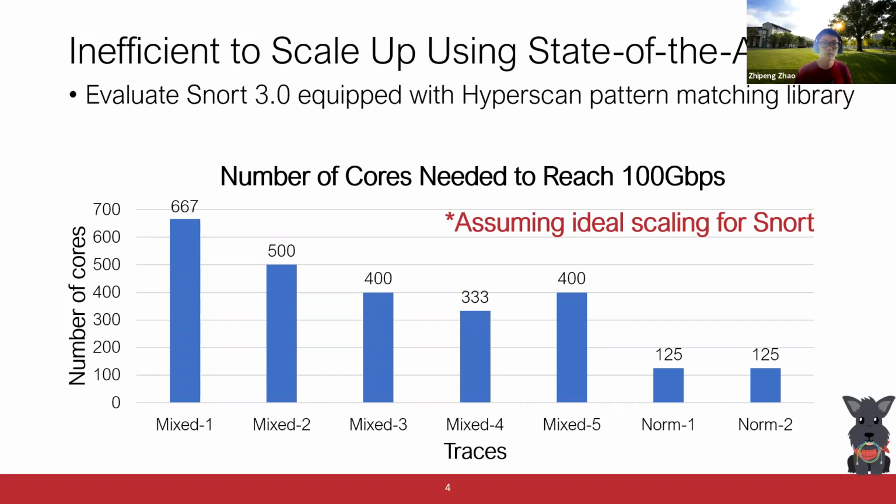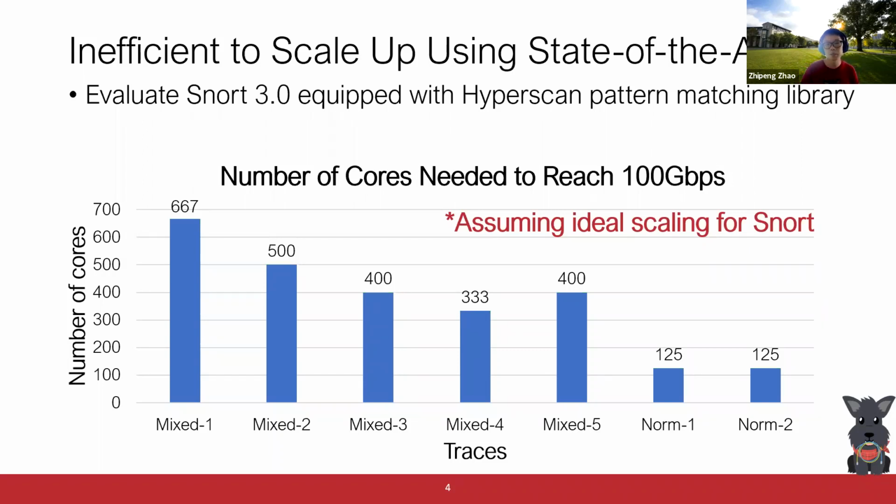To give you a concrete example, we evaluate Snort 3, which is the state-of-the-art open source software intrusion detection system, equipped with the latest Intel HyperScan high-performance pattern matching library. In this graph, I'm showing you the number of cores needed to reach 100 gigabit per second. On the x-axis, I'm showing you the different empirical traces we evaluate, and on the y-axis, the number of cores.